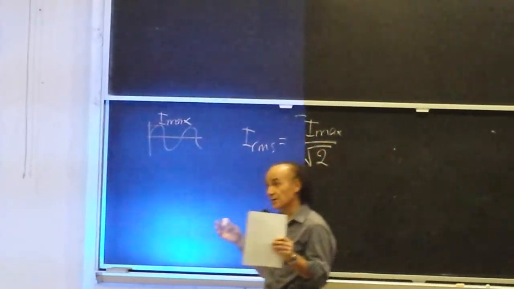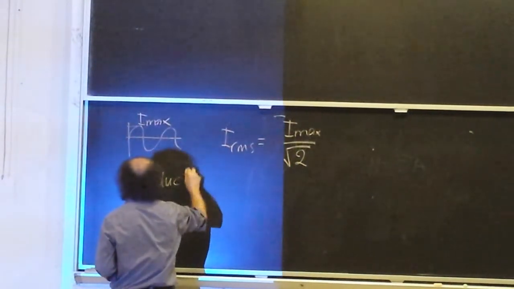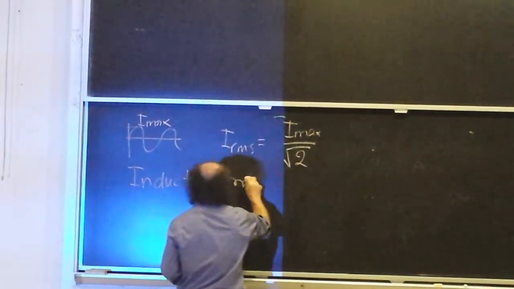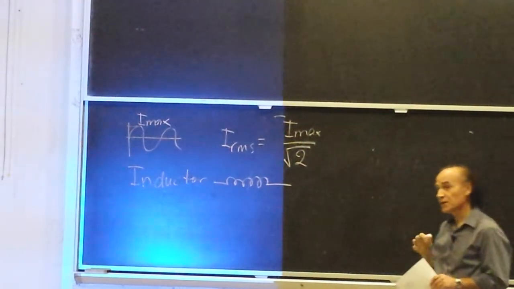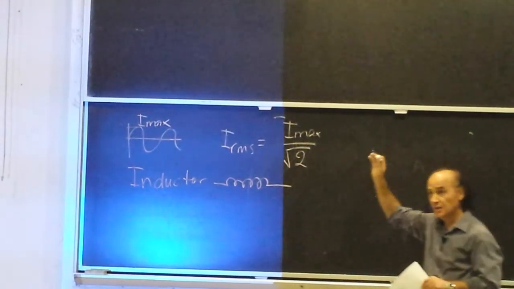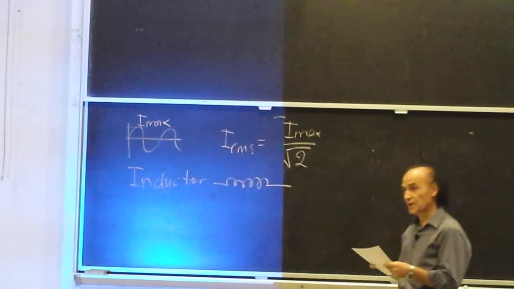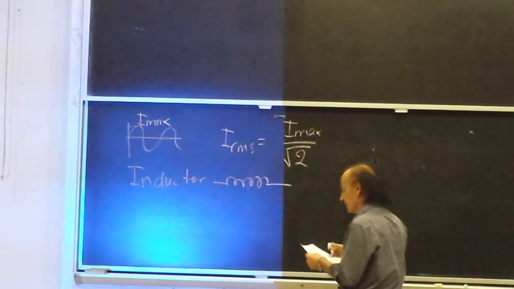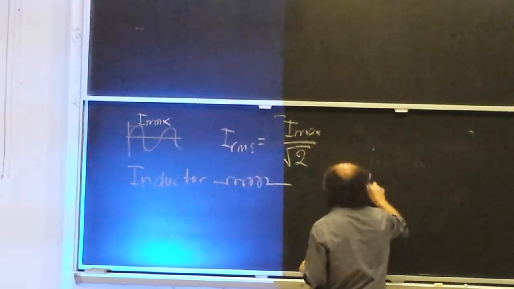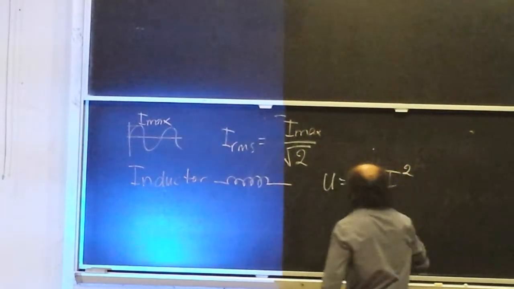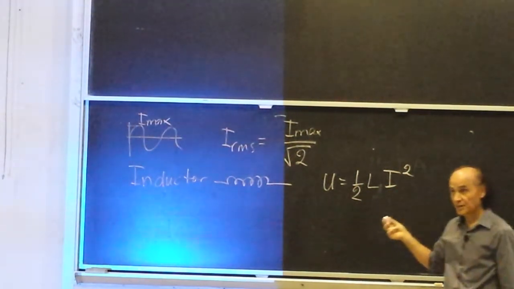If you have an inductor in a circuit and you are changing the current from 0 to a certain value of current, then during this increase of current, you are pumping energy into this inductor, and this energy is given by this formula: 1/2 inductance times the square of that current.